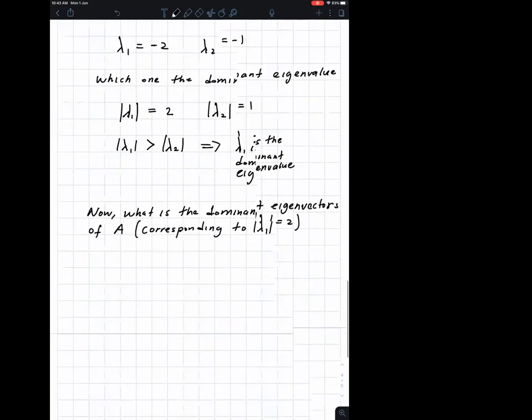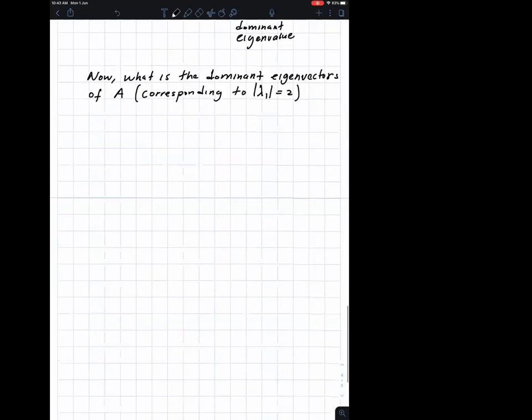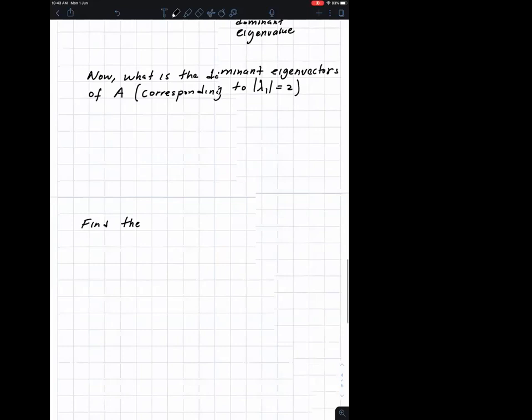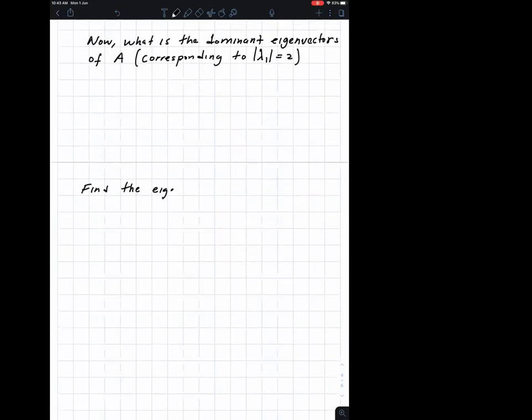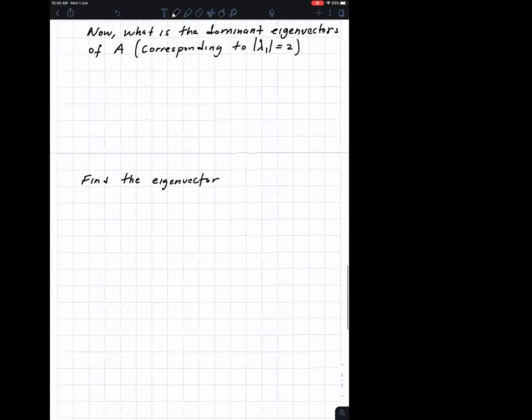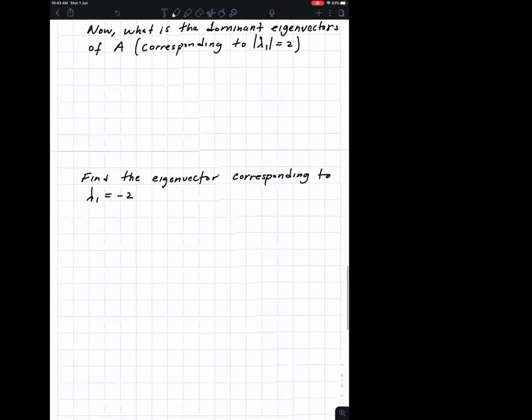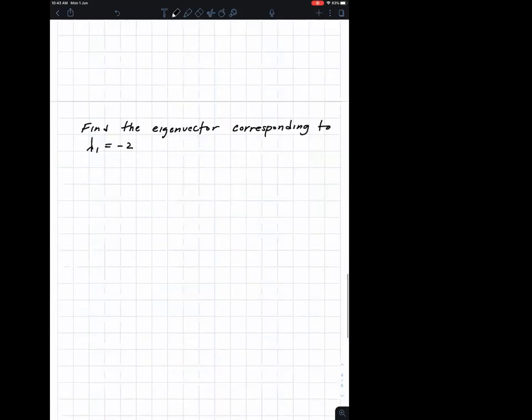Do you remember how to find the eigenvector? This is how we usually find it.